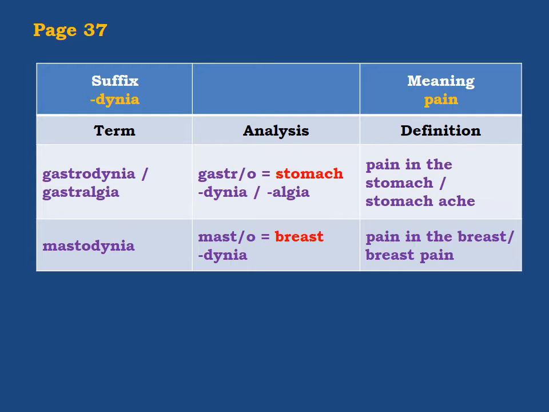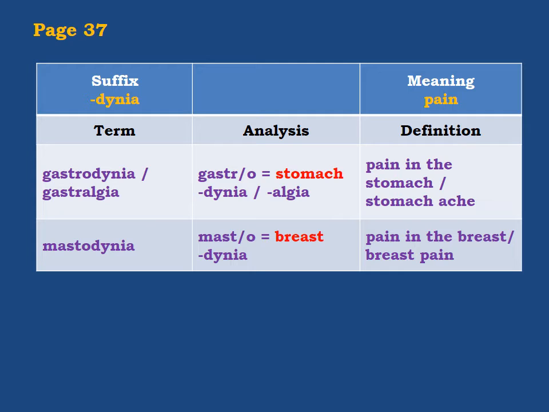Both are acceptable. Gastr means stomach, and it is a root here. And of course, dynia or algia, they mean pain. Now, what is the meaning of that? Pain in the stomach, or we can say stomach ache. You remember, just like the two words before, headache and earache, here we have stomach ache. All right.